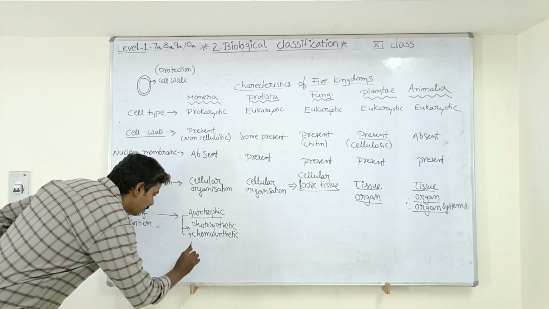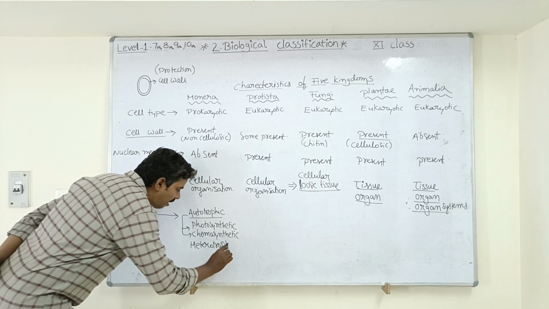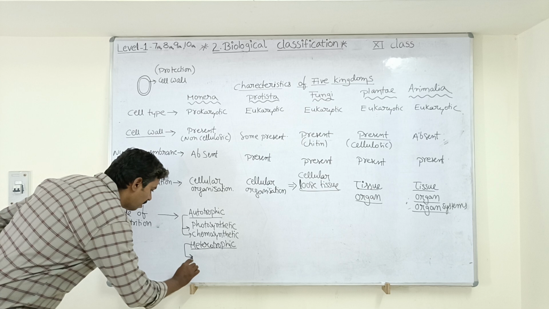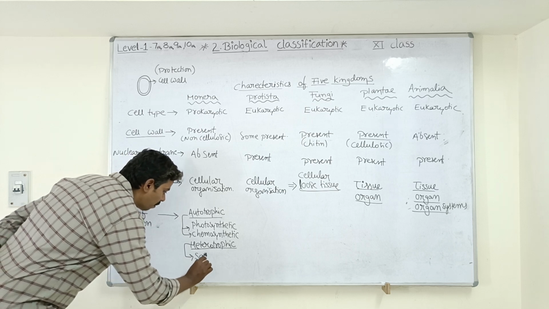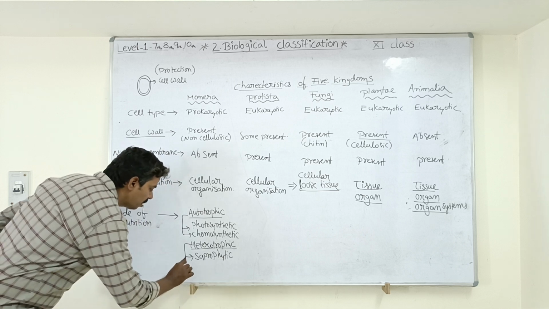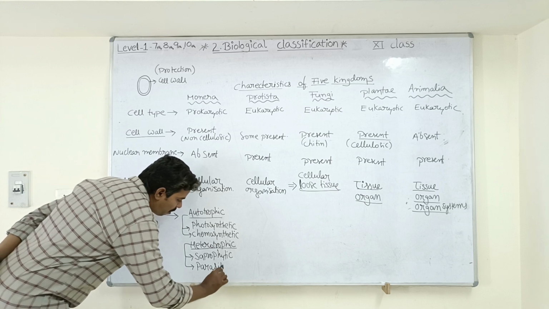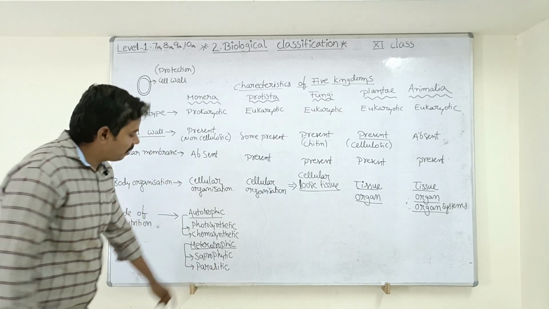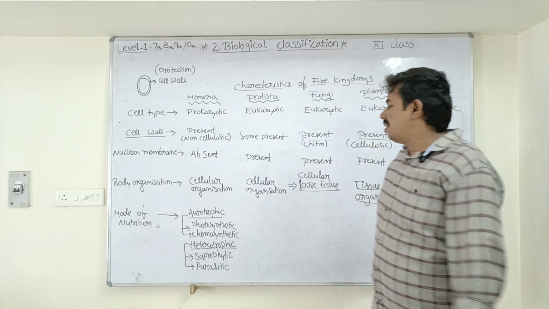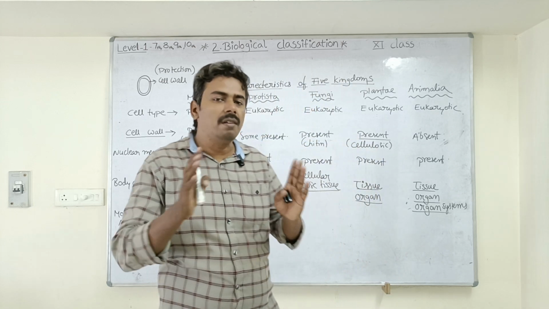Next, some of the bacteria are heterotrophic. That means they obtain food from other sources. Under heterotrophic, some are saprophytic, meaning they obtain food from decomposing waste, and some are parasitic. They obtain food from other organisms. Parasitic bacteria are those bacteria which are able to cause diseases. So there is a huge diversity in nutrition in kingdom Monera. Very important point for the NEET exam.